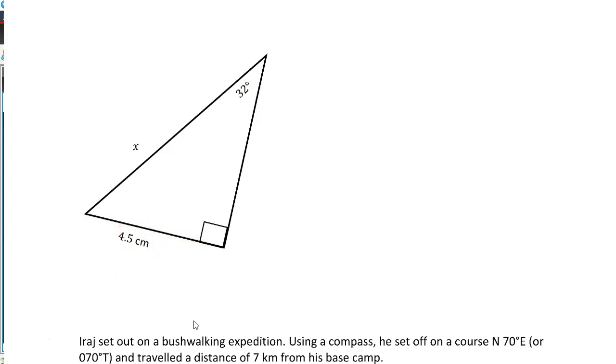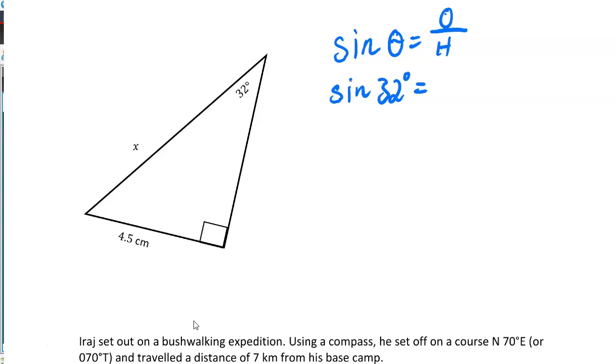It's opposite the angle, and because we want to figure out the hypotenuse, that means we have to use sine, our sine ratio, which is opposite over hypotenuse. So sine 32 degrees equals 4.5 over x.